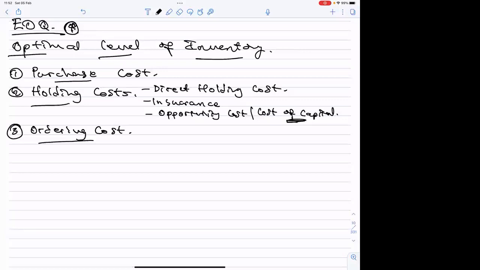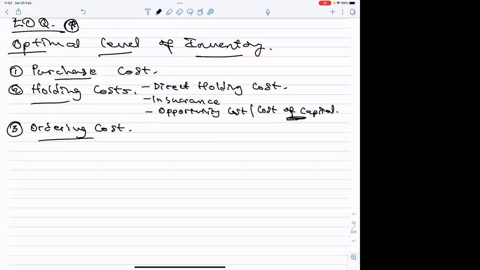So when we are looking at the economic order quantity, we are saying that it is the level of inventory that the entity is supposed to order, and it will minimize the inventory cost. So how do we get that economic order quantity?